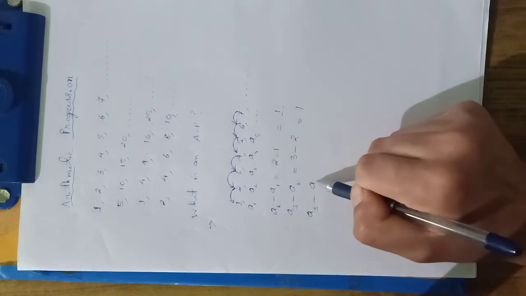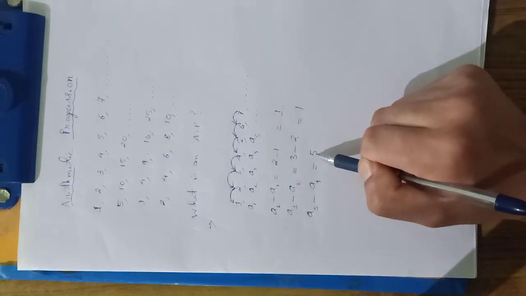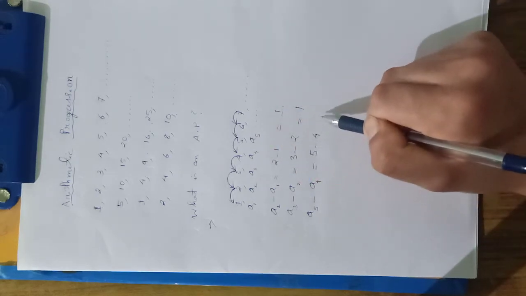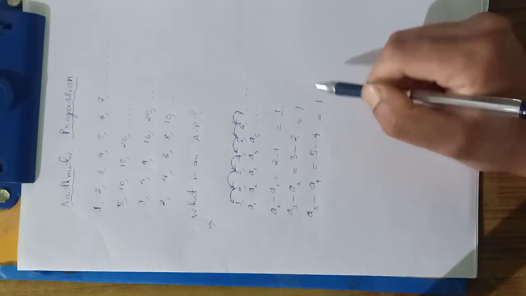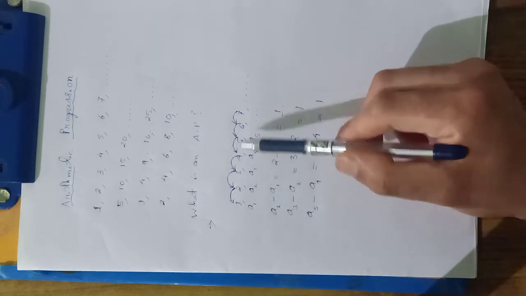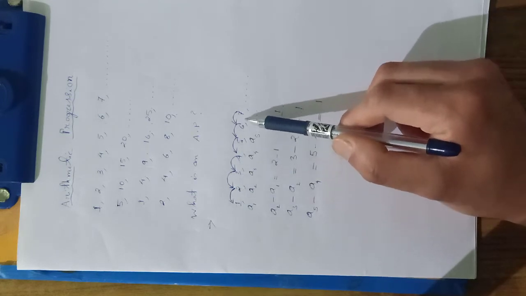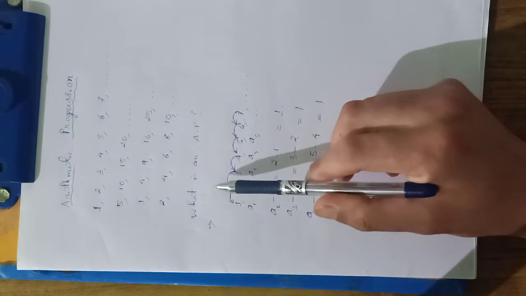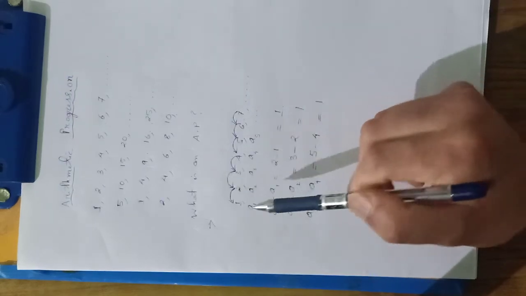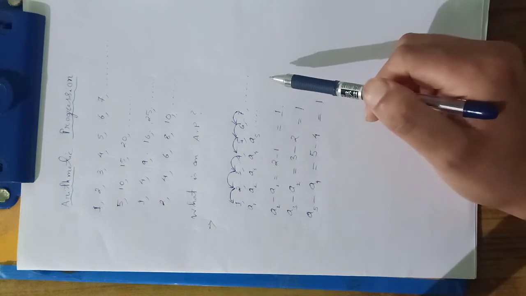A5 minus A4. The fifth term is 5, the fourth term is 4. 5 minus 4 is 1. So since the difference between each of the consecutive terms in this sequence is equal, this particular series of numbers is an arithmetic progression.